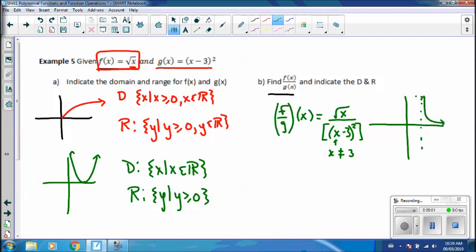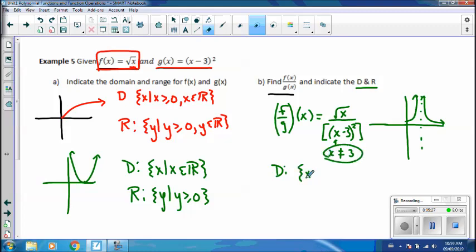Let me get a graph that looks not quite like that. Oops. Get rid of this bit here. Something like that. All right, so there's our sketch. The domain and range of our function. Remember, the domain is what's common, and including our non-permissible value.